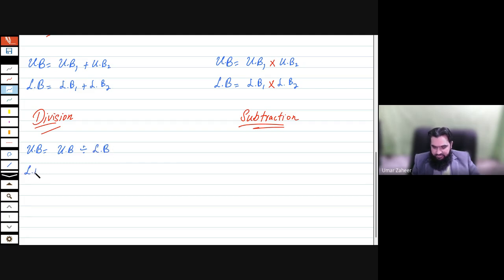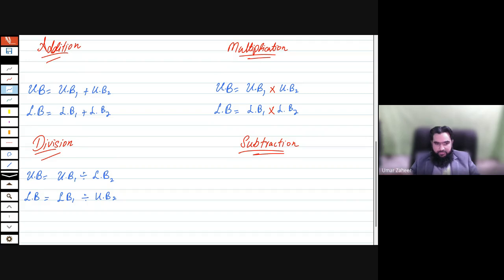In the same way, you need to find the lower bound of the final answer. You have to take the lower bound of the first value and the upper bound of the second value. Yes, please note down. We are going to do the questions, so everything is going to be clear. I know that there is still confusion here. Everything is going to be clear. Okay.